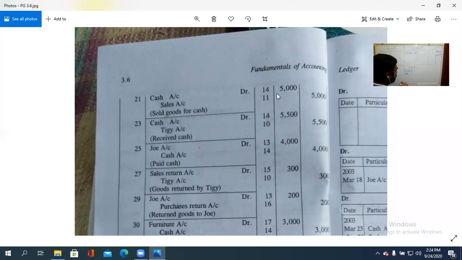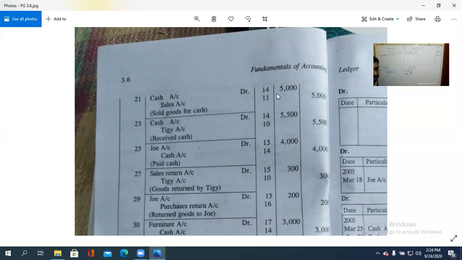So how much? TG, it is 5,500. And TG's account, so by cash 5,500, because in this transaction, cash account debtor to TG, in the debit side of the cash and in the credit side of the TG by cash.